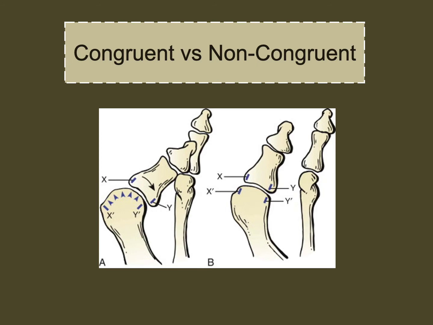That's more the case in A, where you get these non-congruent deformities, these degenerative type processes where the joint surface of the proximal phalanx has left and subluxated off of the joint surface of the distal metatarsal. And that really changes what you do in terms of treatment, as we'll get into in a little bit.